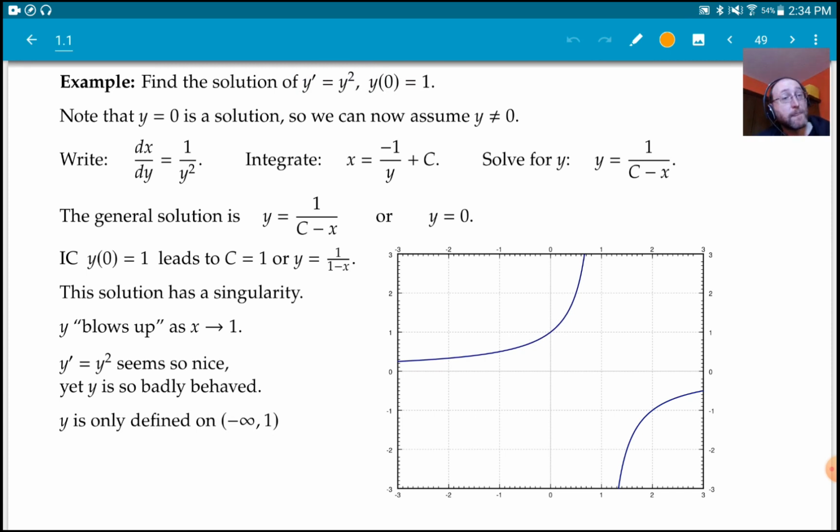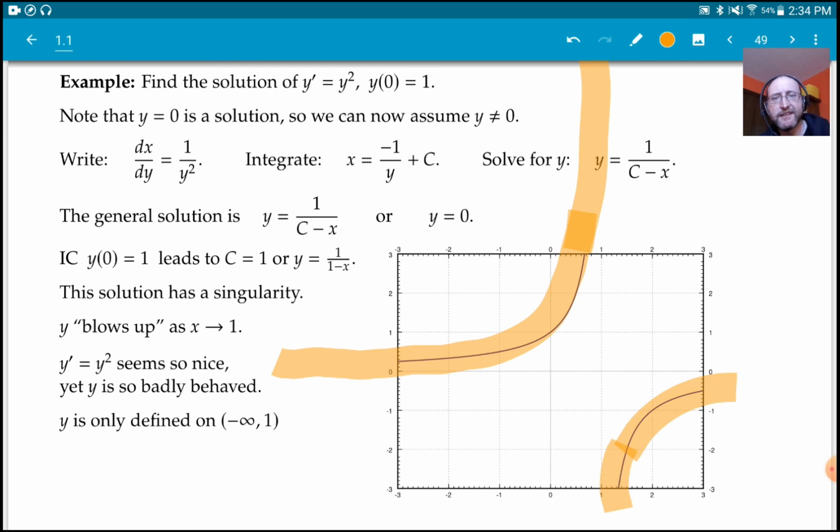So now, as I said, y is really only defined on minus infinity to 1, because that's where our initial condition is. This part is not really connected to this one. It just happens to come from the same formula, but really you only want to think of the solution to this equation on this interval, because it blows up at 1.